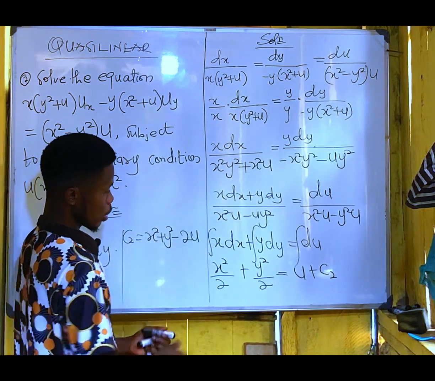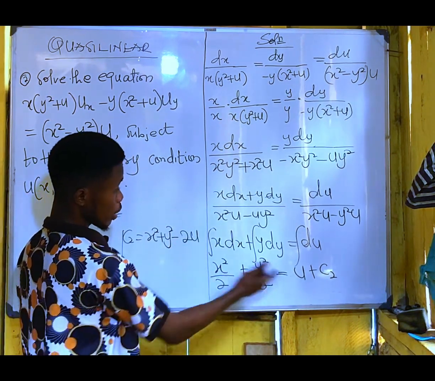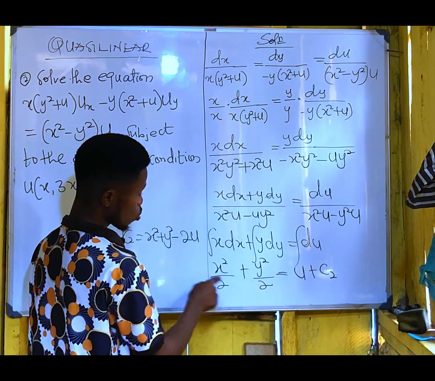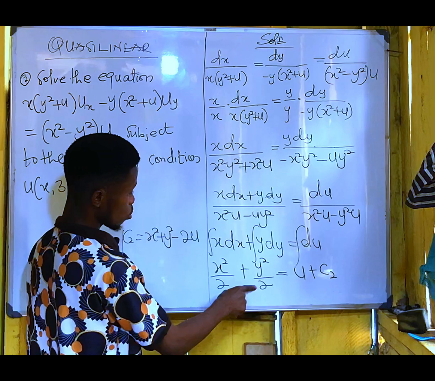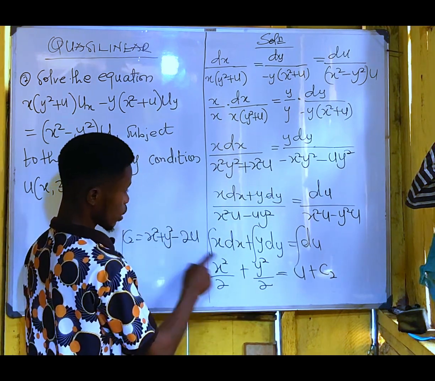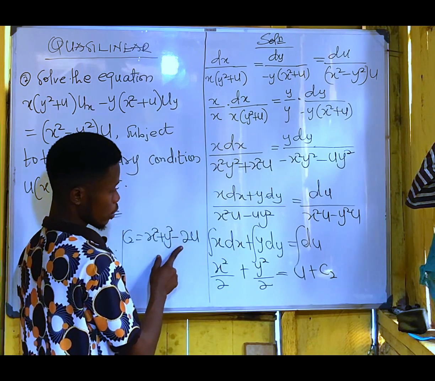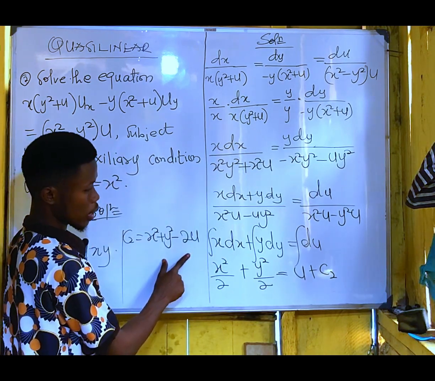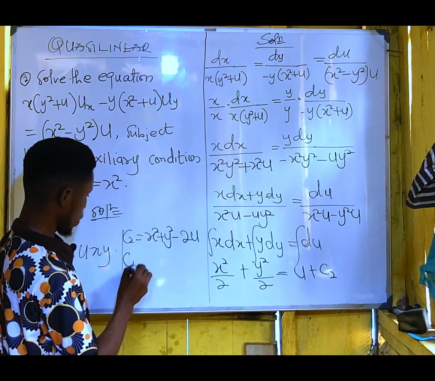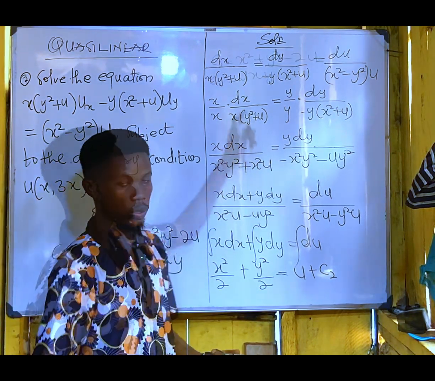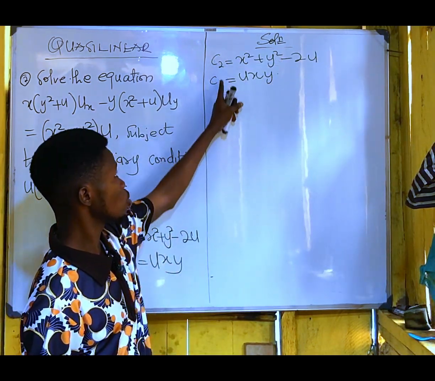Is that okay? Just multiply through by 2, and 2 times c2 will still be a constant, so it doesn't matter. 2 times this will be x², 2 times this will also be y², 2 times this will be 2u. So the 2u becomes negative. Is that okay? So you have your c2 to be this, and this is our c1. If you have forgotten, c1 is u over xy.